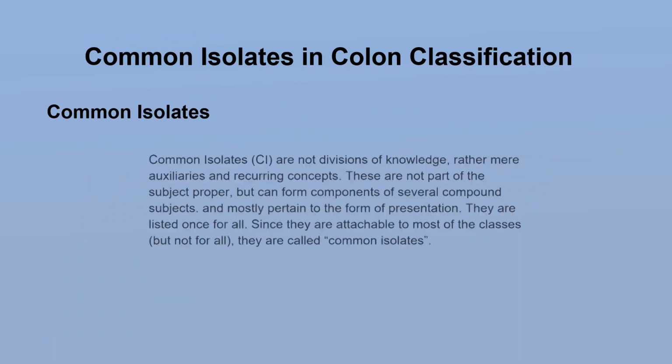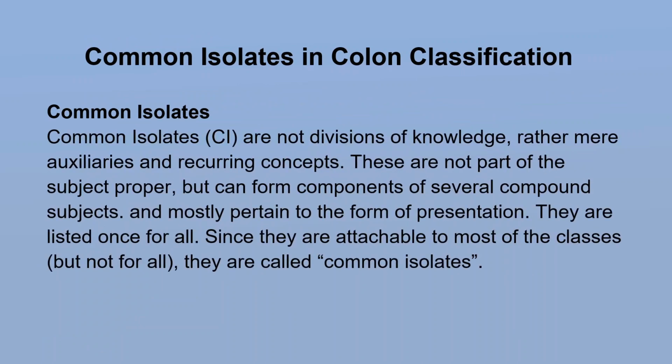Common isolates are not divisions of knowledge, rather mere auxiliaries and recurring concepts. These are not part of the subject proper but can form components of several compound subjects and mostly pertain to the form of presentation. They are listed once for all.